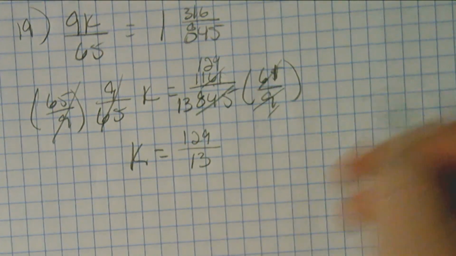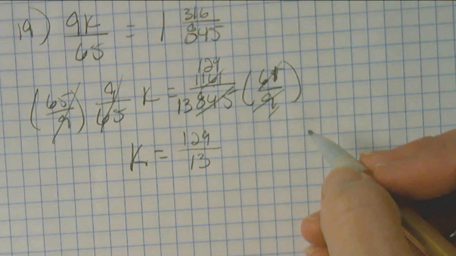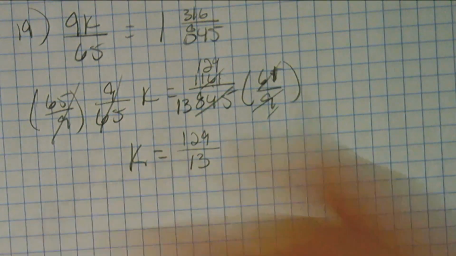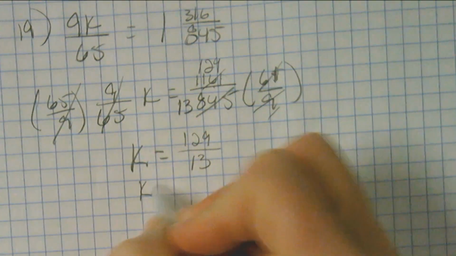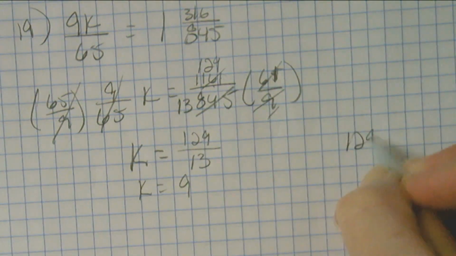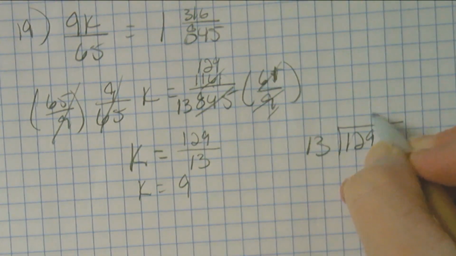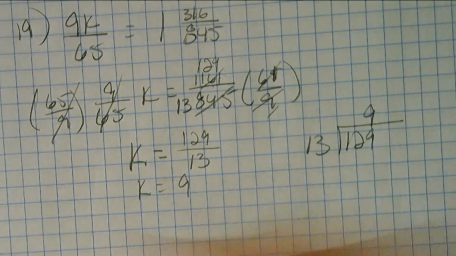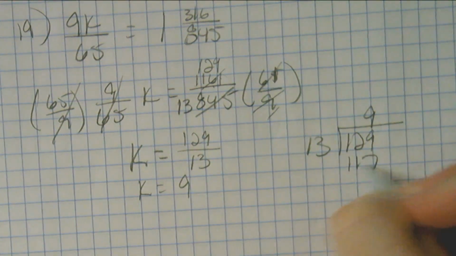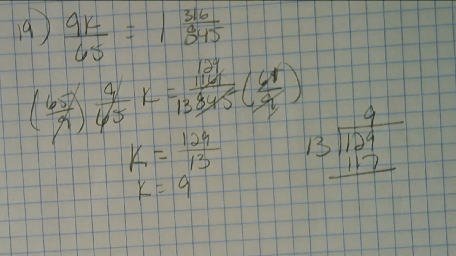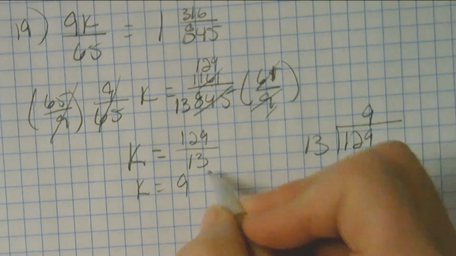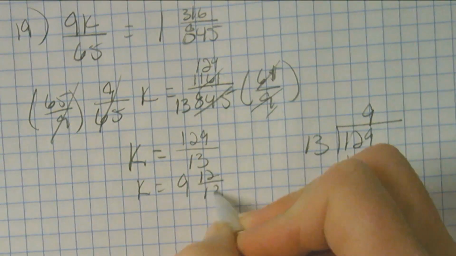And then I would change that into a mixed number. 129 divided by 13 is going to give me 9. So off to the side, I'm doing 129 divided by 13. That's going to be a 9. 13 times 9 is going to give me 117. If I subtract that from 129, I get 12. So this is 9 and 12/13, and it's positive.